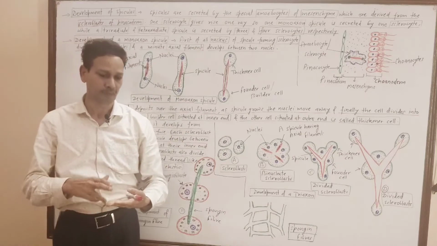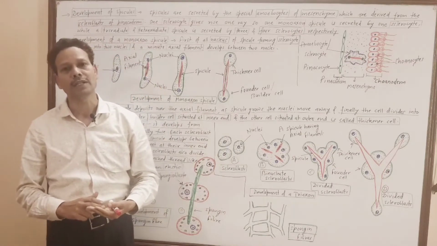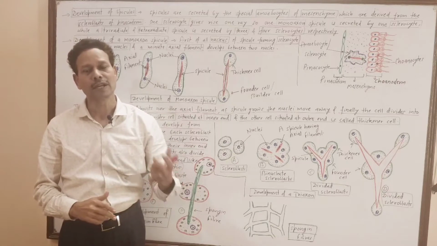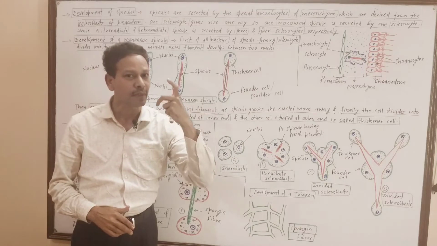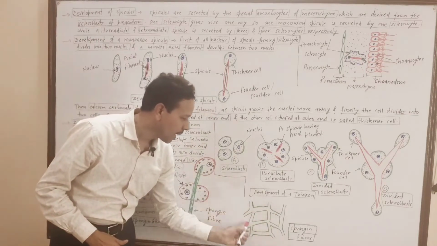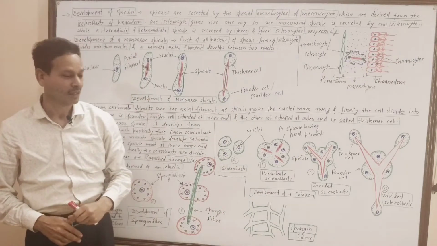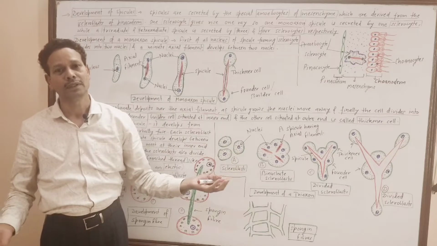As we know, in sponges, skeleton is made up of fine needle-like structures named spicules, or branched thread-like structures named spongin fibers, or both.